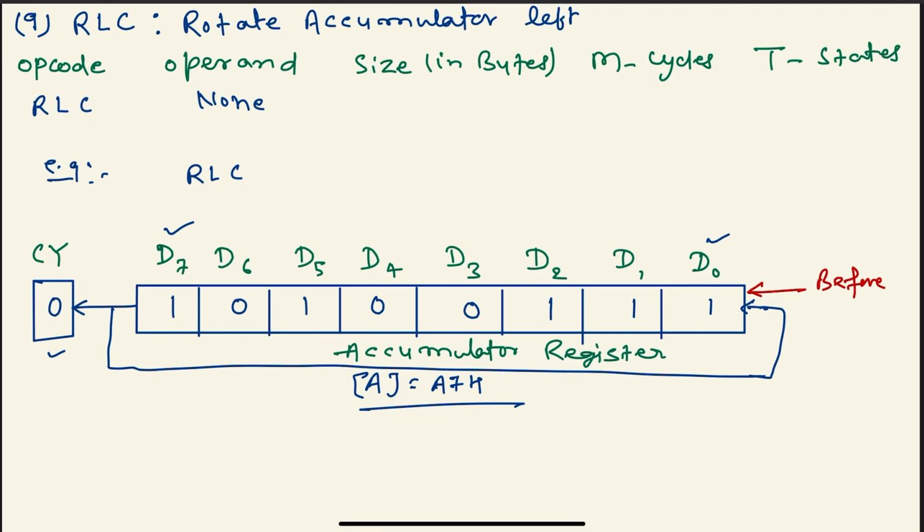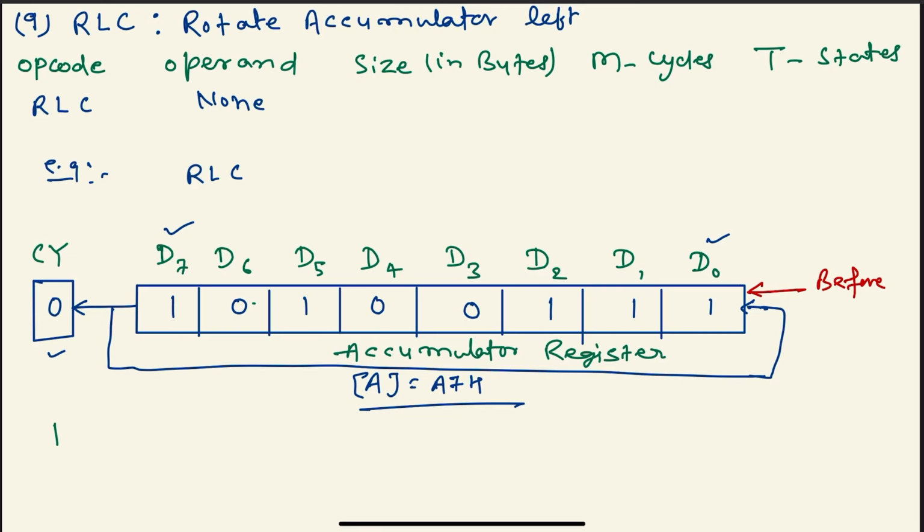After execution of this instruction, the carry flag will be 1. D7 will be copied to D0, and whatever is the value at D6 comes to D7. So the entire data is shifting 1 time left in a circular way.